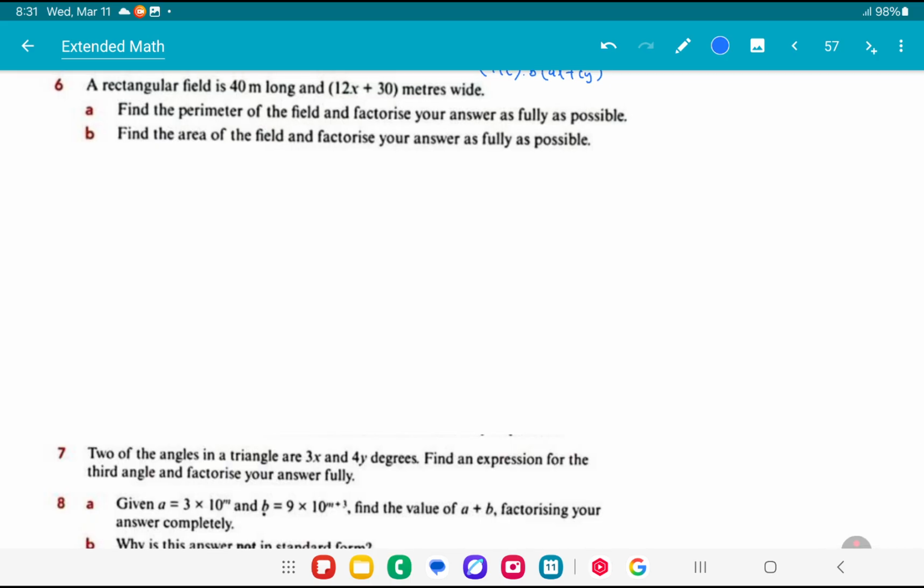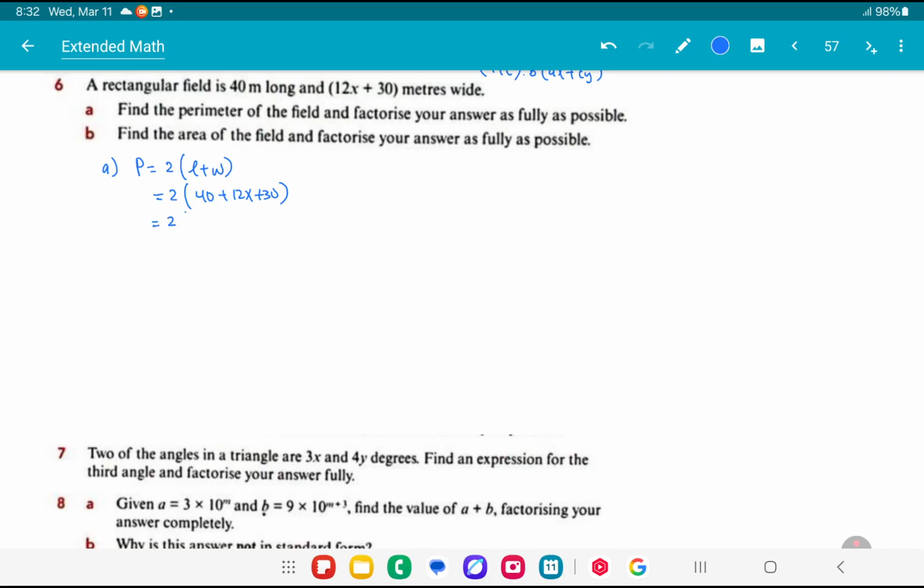The rectangular field is 40 meters long and 12x plus 30 meters wide. Find the perimeter of the field and factorize your answer as fully as possible. For question A, perimeter, we get 2 multiplied by the length and the width. So 2 multiplied by 40 plus 12x plus 30.